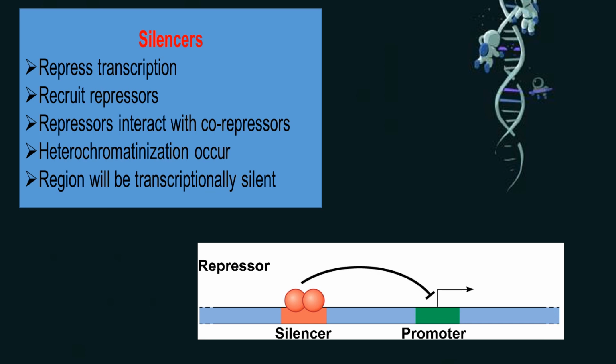These repressors interact with the co-repressors, and this region will be transcriptionally silent with heterochromatinization. These silencers repress transcription in two ways. One, modify and remodel the chromatin. The second way is preventing accessibility of the enhancers to activators.